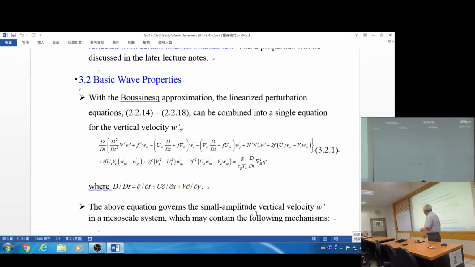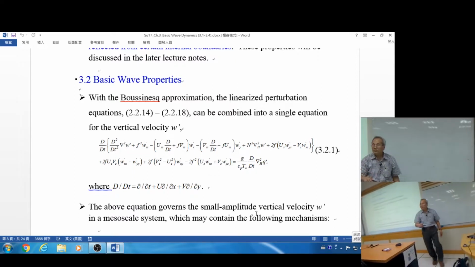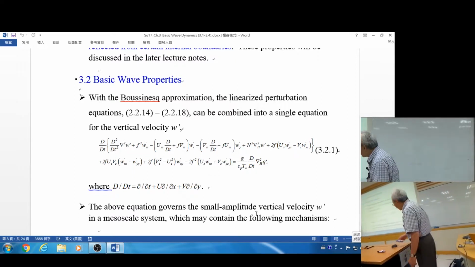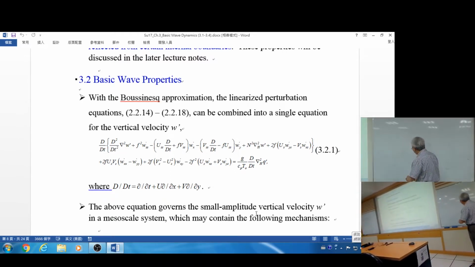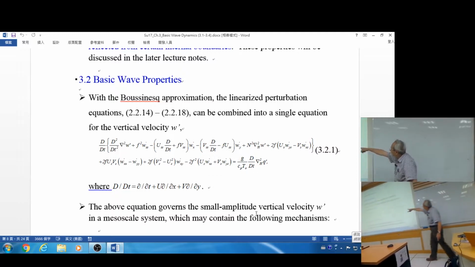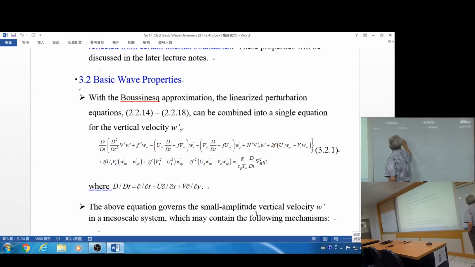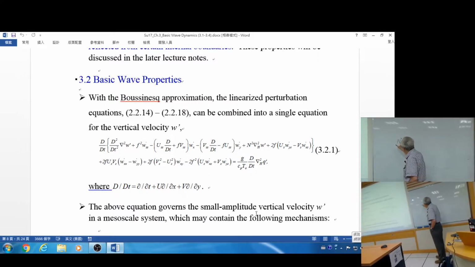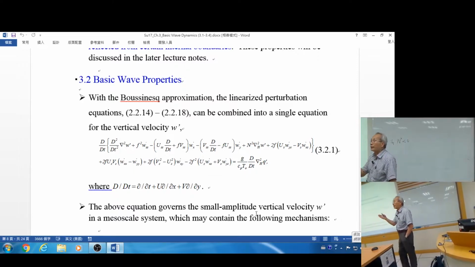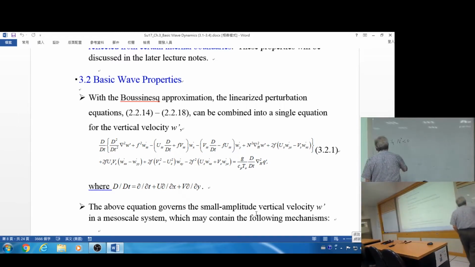Let me repeat that question. Convective. Close, but not exactly. When N squared, the square of the Brunt-Väisälä frequency, is less than 0, normally N squared is greater than 0. What is this?